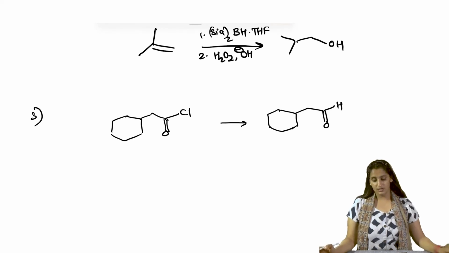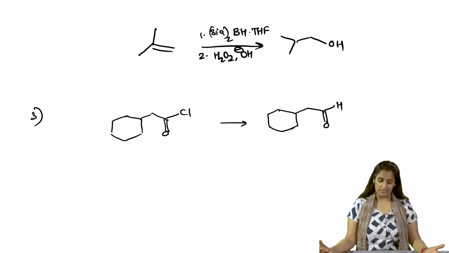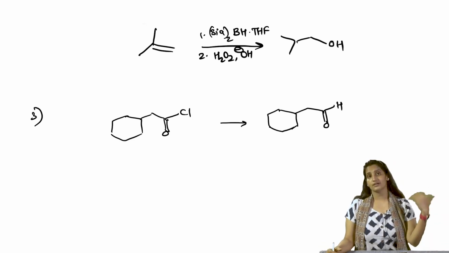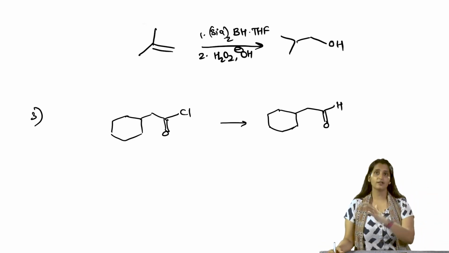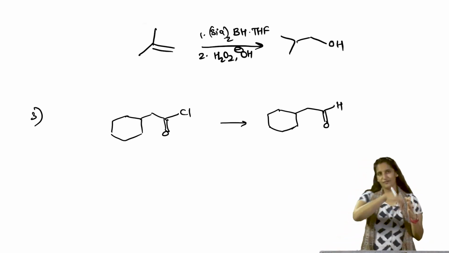The oxidizing agent in this case will be PCC, pyridinium chlorochromate, and that is going to form an aldehyde. To get from acid chloride to the corresponding alcohol, we can first convert it to an acid, reduce it all the way and then get to the aldehyde. So, it is kind of a long way.